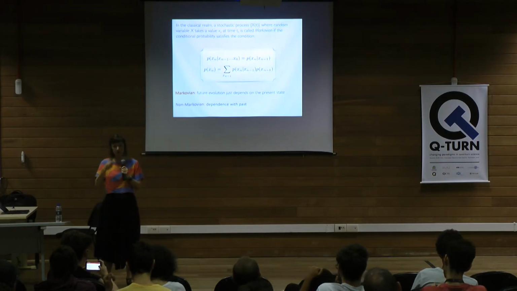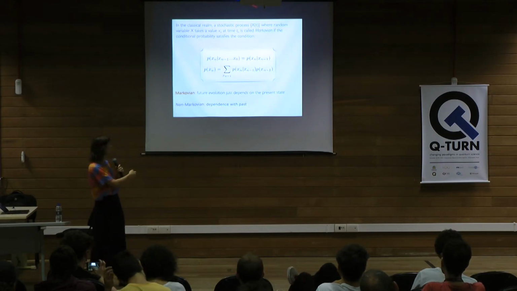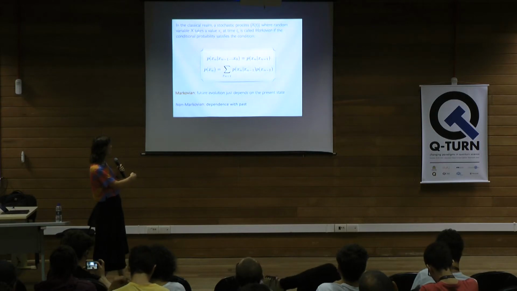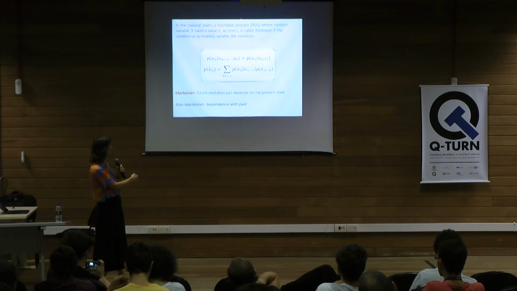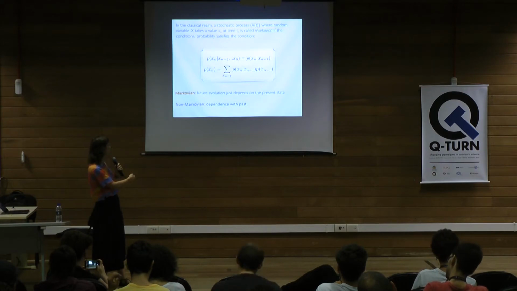Well, let's just go back to what is the classical definition of Markovianity. If we go to a stochastic process where I have a random variable x, which can take value x_n at time t_n, we say that the dynamics is Markovian if the conditional probability satisfies this condition here.